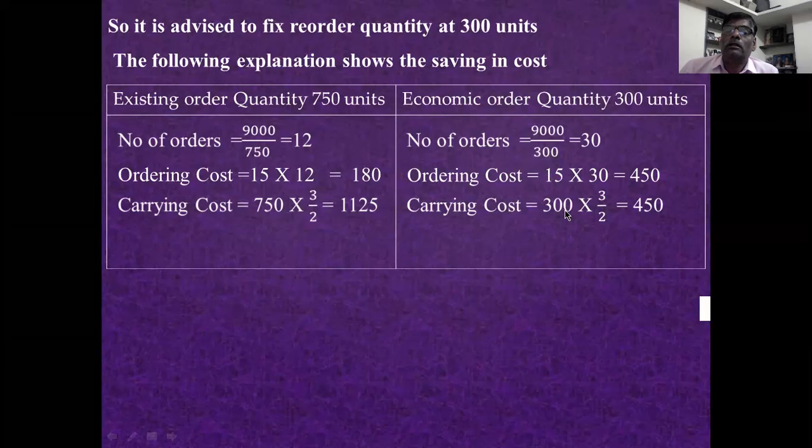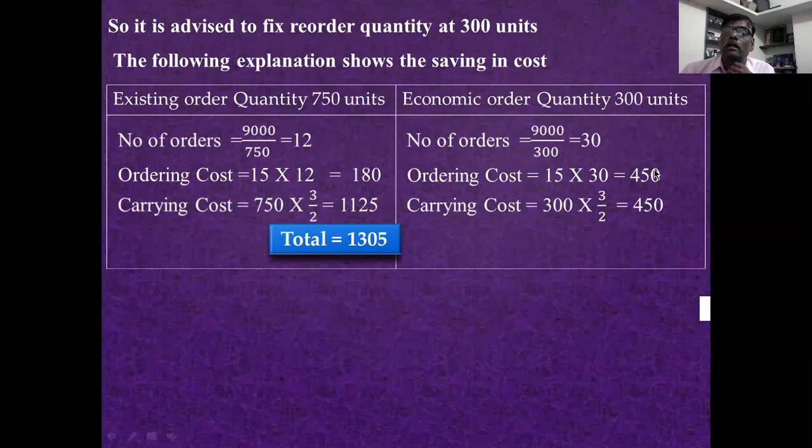The cost per unit is 3. 300 into 3, 900. 900 is not the carrying cost, as it is average. Average you have to take. Divide by 2. 450 is the carrying cost. So the total is 1,305. If you purchase 750 units, ordering cost plus carrying cost total is 1,305.